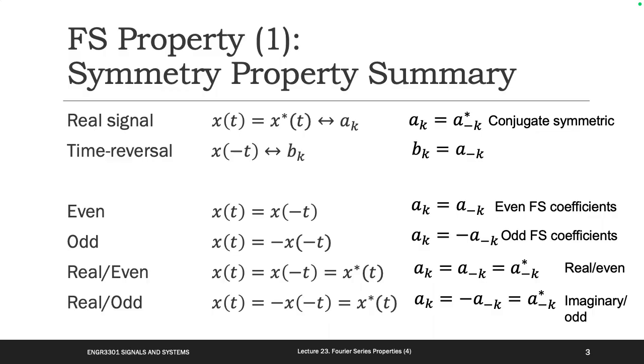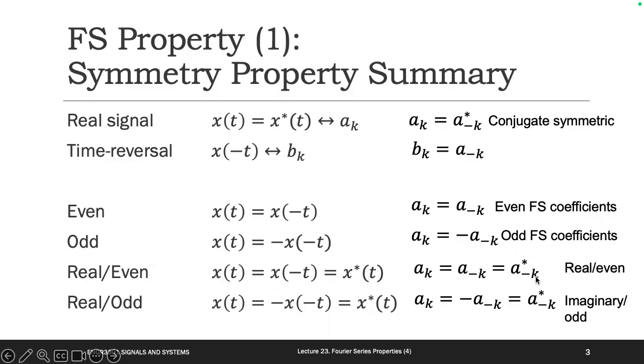Actually, for the symmetric property, you can easily tell, for example, if you know the signal is a real signal and an even signal, you can easily get a_{-k} and a_{-k} conjugate because you know a_k.